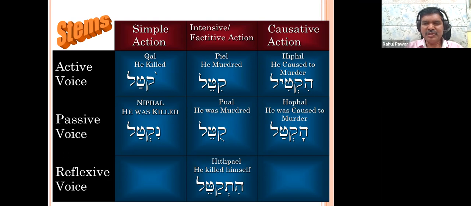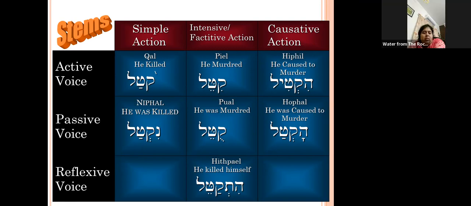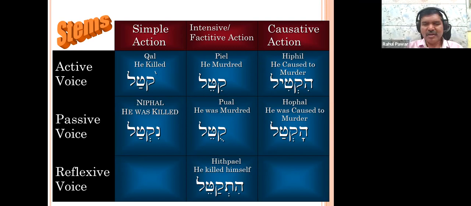So what do you observe in this Niphal conjugation? Everywhere you will find nun with hireq. Niphal is a passive voice actually, and every Niphal conjugation, whether perfect or imperfect, has a clue to remember, the Niphal triangle.